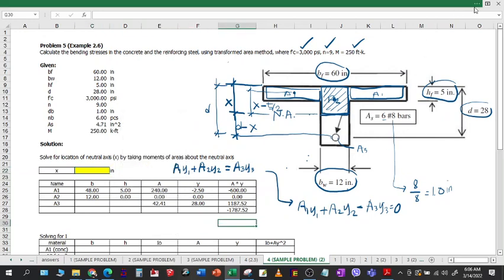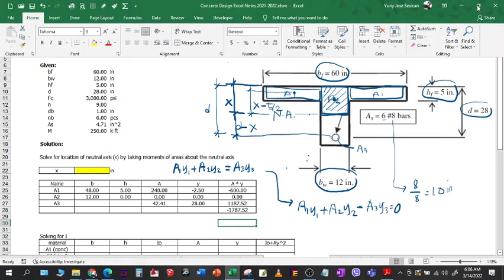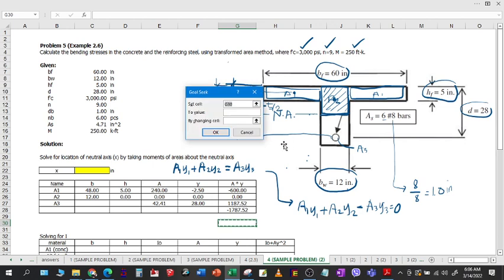So what we will do is use the goal seek function. In your calculator, you can also use the shift solve function. So data, what if analysis, goal seek, set this cell, this one, to a value 0 by changing this cell or the value of that cell.